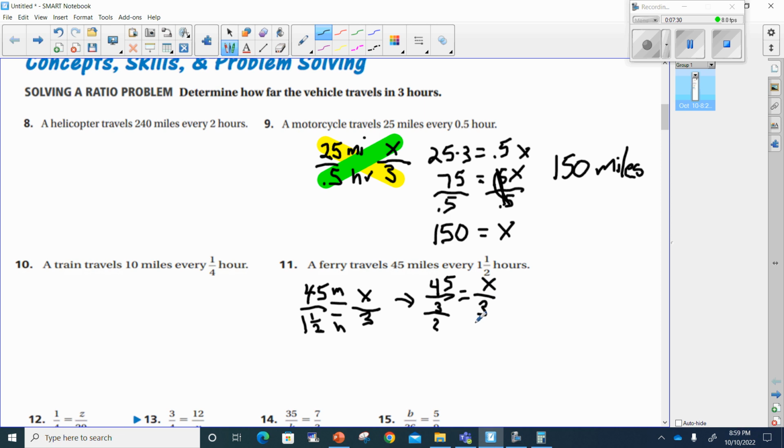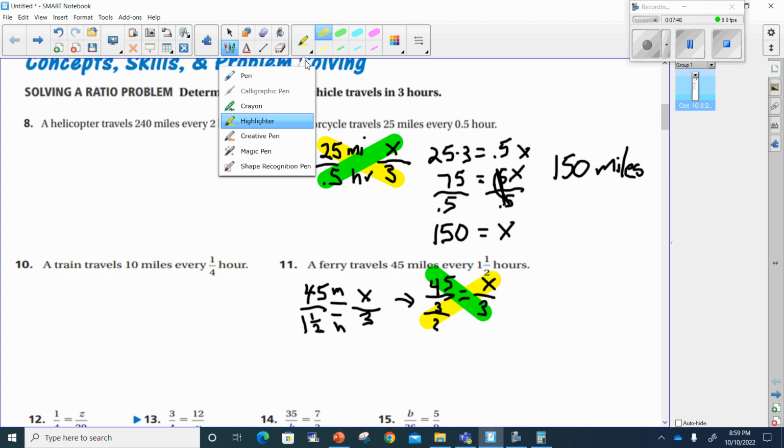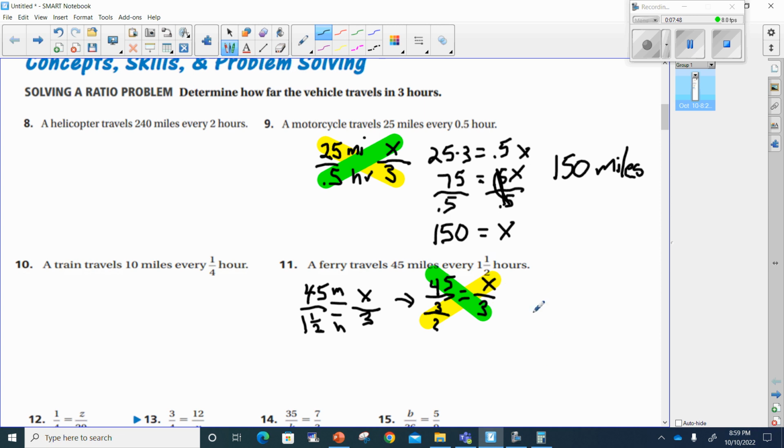Now let's put this together. We're going to take 45 times 3, and it has to equal 3 over 2 times x. All right, so this is 45 times 3 equals 3 over 2 times x.